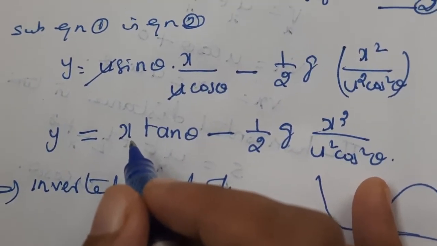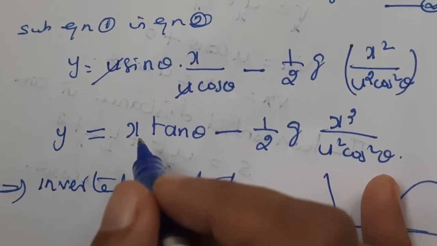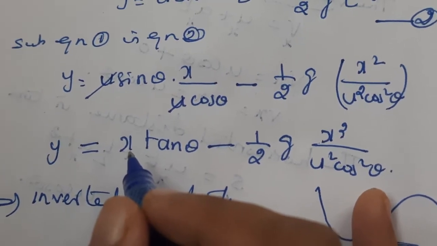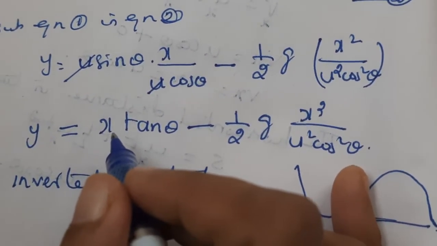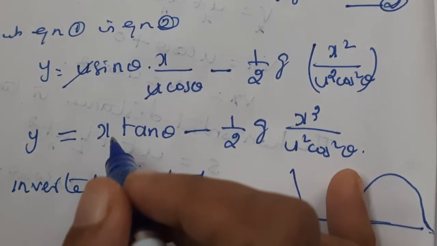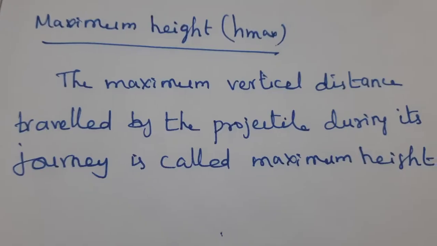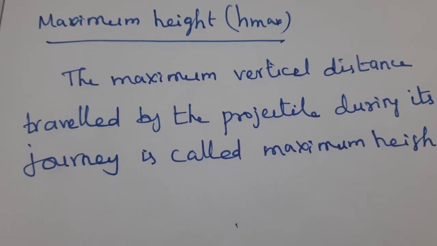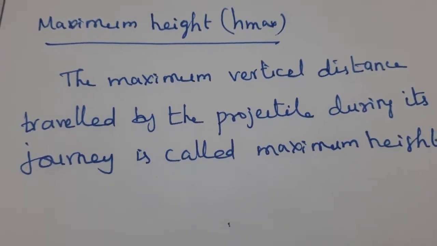So first we have learned the horizontal distance and horizontal velocity. Next we have learned the vertical velocity and vertical distance. The next one, maximum height. What is the maximum height?